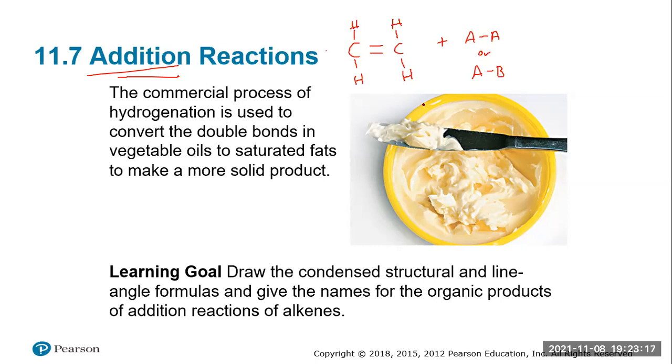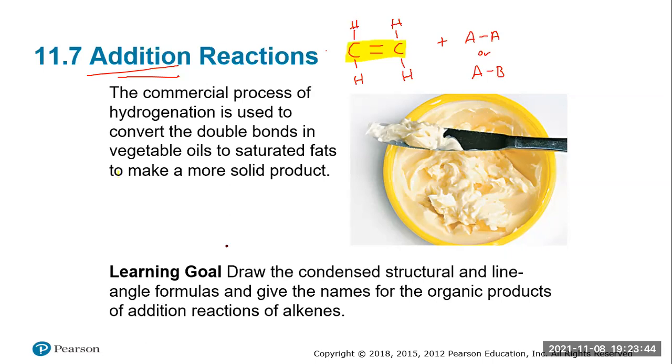But what always happens in these types of reactions is you should only be concerned with right here. This is the only part of the molecule you should be concerned with. If there happen to be 400 other carbons attached, it doesn't matter. Everything's going to happen right here at the carbon-carbon double bond.